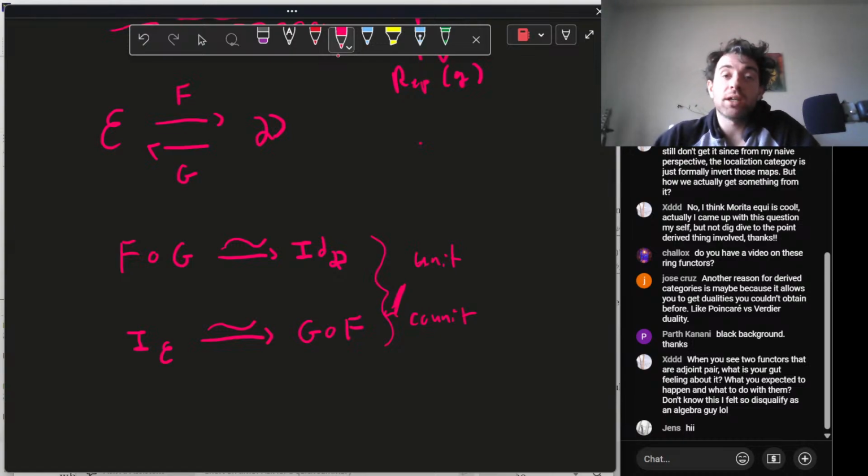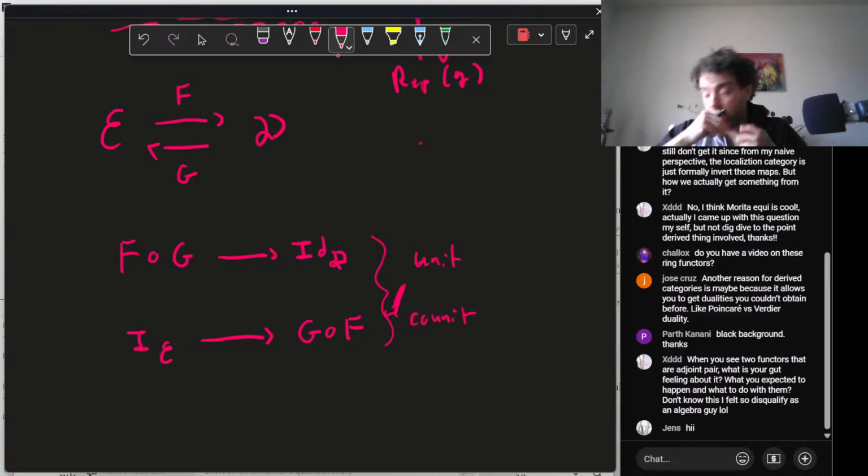Right, so then we weaken that a little bit more to get an equivalence of categories. And then finally, we might push the limits a little bit more yet and say, okay, what if these weren't isomorphisms? And we just say there were some morphisms here, and that's exactly equivalent to being an adjoint pair.